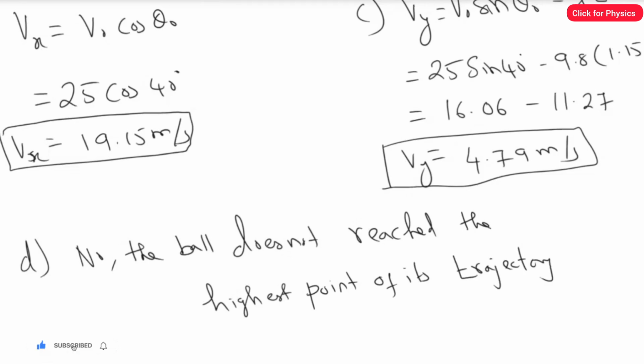What's the reason? Because when any object reaches its highest point, its v of y should be equal to 0, right? But what answer did we get in part C? In part C, we got 4.79. That's the reason we said the ball still does not reach the highest point. So this is the answer for the part D question. Clear? That's it. Thank you.